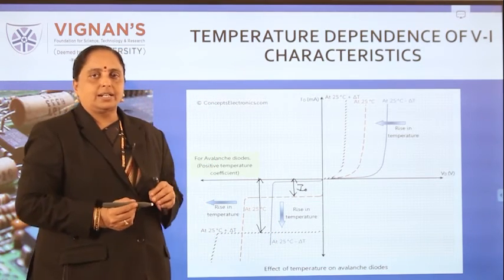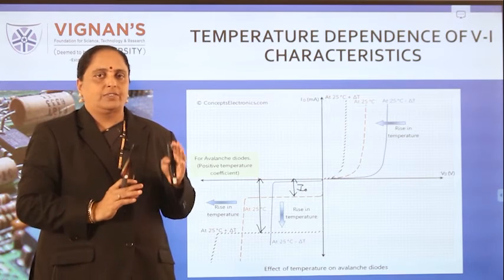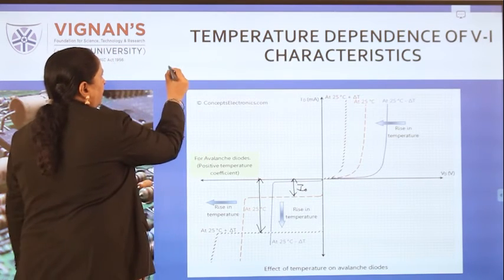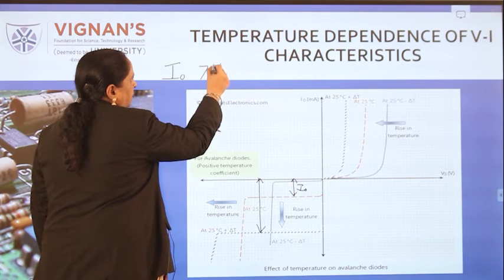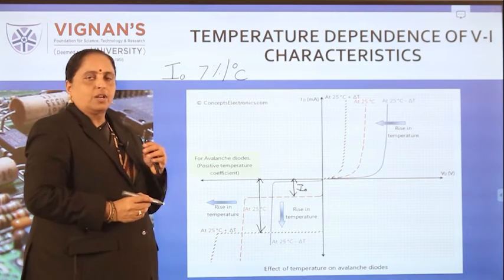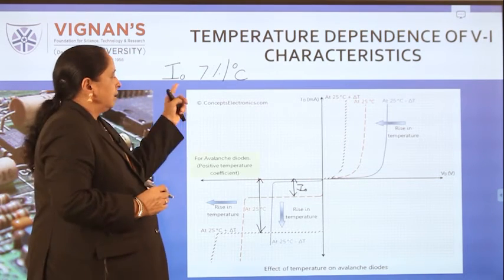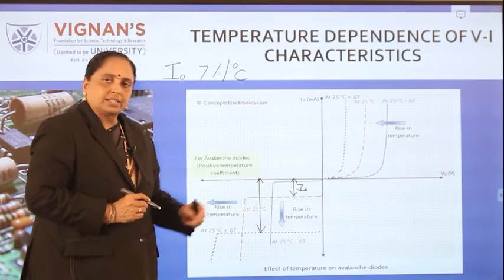So we can say that for any type of semiconductor material, either germanium or silicon, on an average the reverse saturation current I naught changes by 7% per degree centigrade. That is, there is a lot of variation. For every 1 degree rise of temperature, the reverse saturation current also increases.